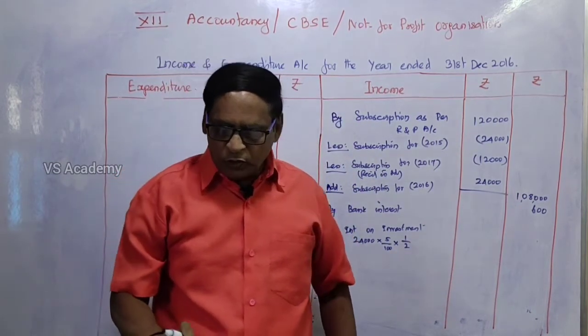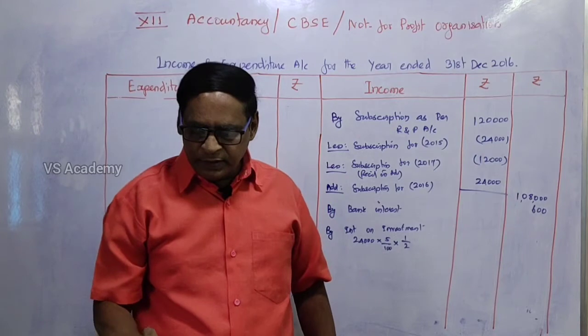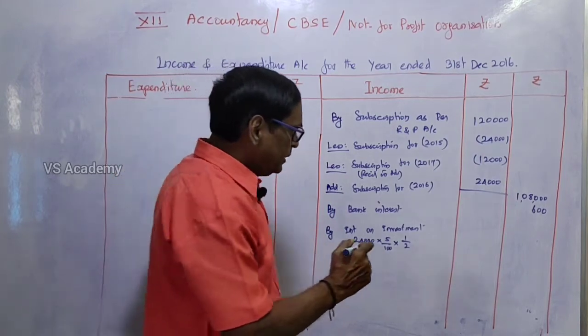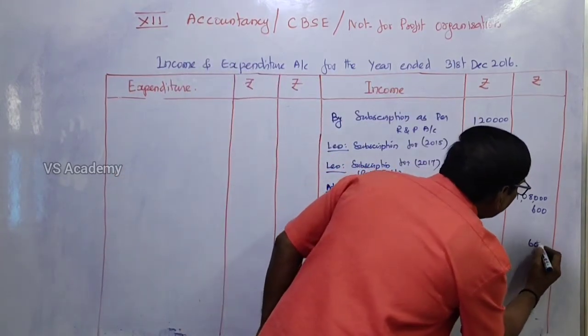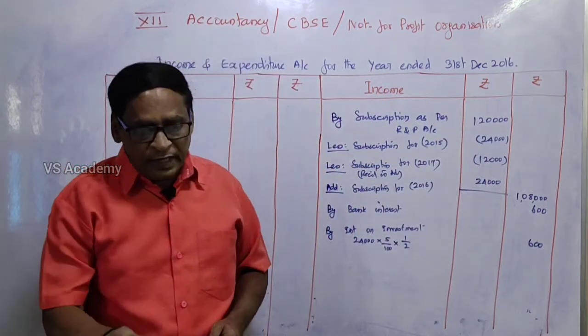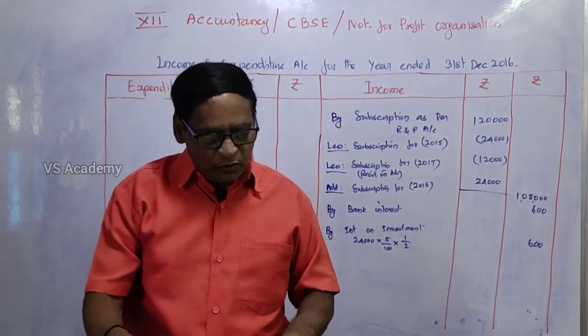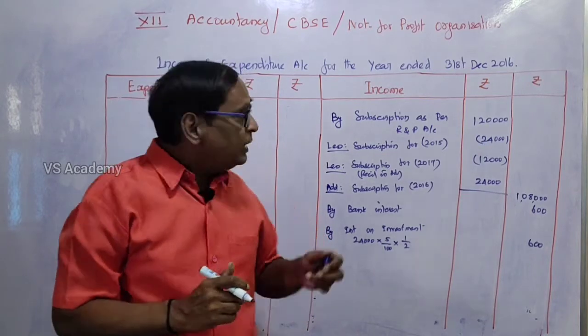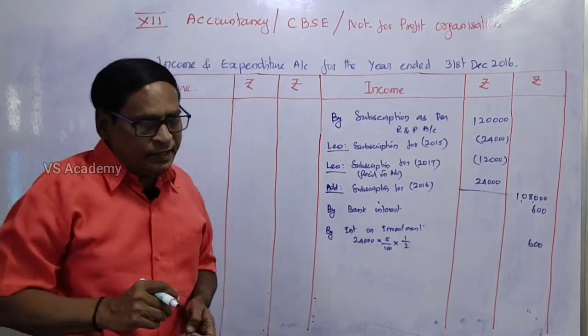So 24,000 into 5% divided by 2, that is 600 rupees. Is there any other receipt? There is no other receipt. So we will go to the expenditure side.